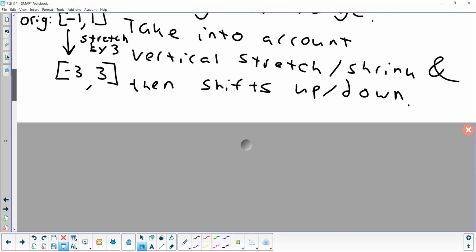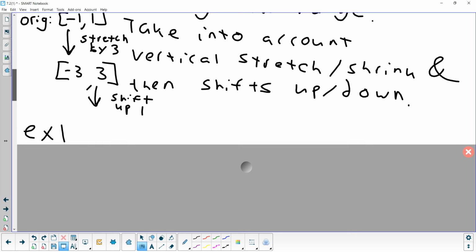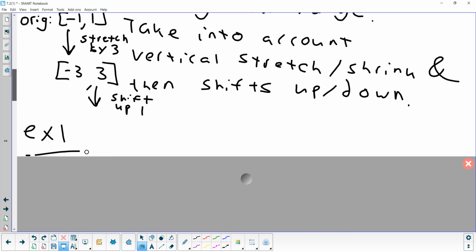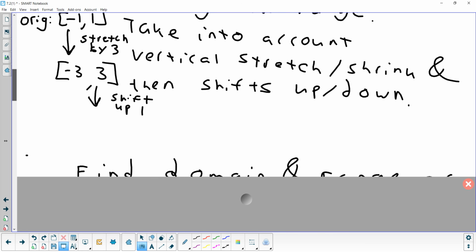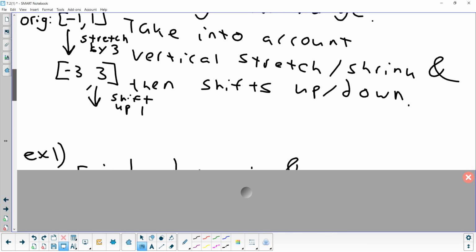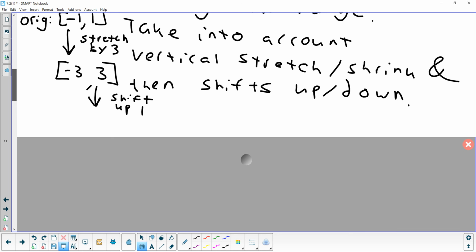Now, let's say I took that and did a shift up 1. What if you shifted -3 to 3 up 1? What would be your new low value, or your new y min, and your new y max, if they each went up 1?